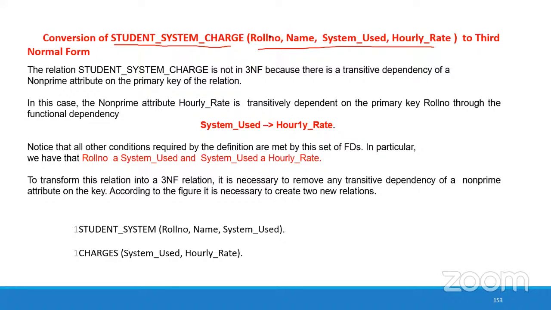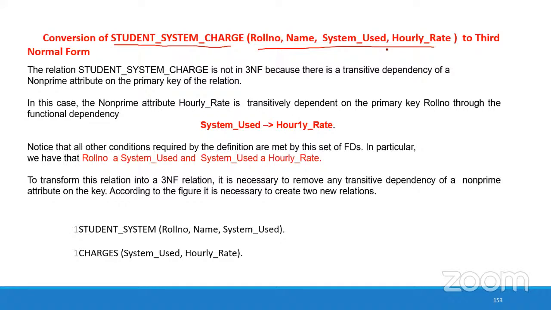See students, here try to understand the attributes and their close relationship. Here we have roll number. The relation name is student system charge: roll number, name of the student. Particularly, the student uses the system and has to pay money on an hourly basis, so that is called hourly rate. Now try to find out if there is any functional dependency between these attributes.